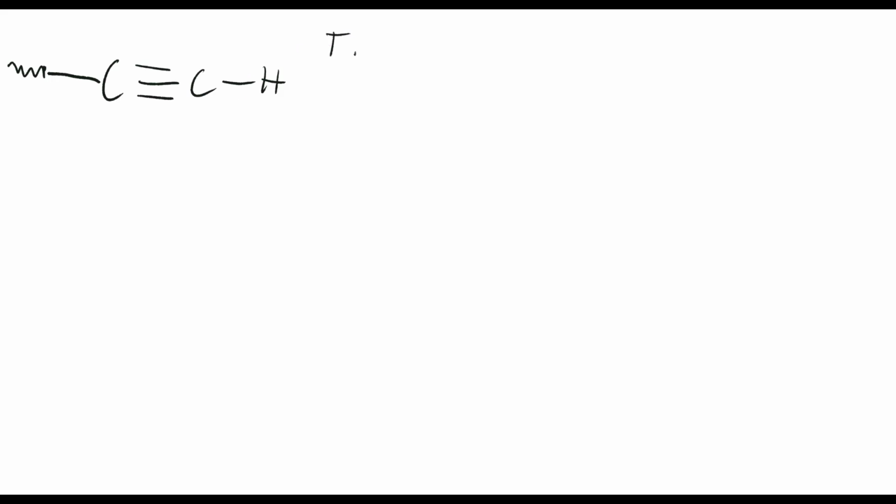That's a terminal, I'll just say T, alkyne. And this H that you see here is pretty special. This H is pretty special because we can call it an acetylenic, very hard to spell, acetylenic hydrogen.